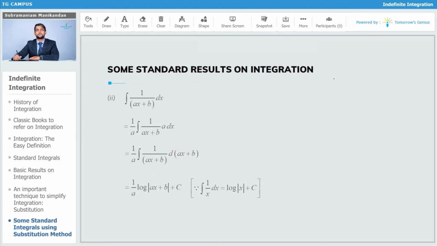For example, if I want to integrate 1 upon 7x + 2 with respect to x, the value of this integration is 1 by 7 log of (7x + 2).